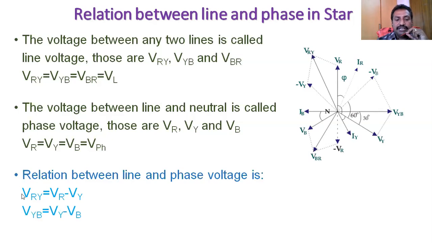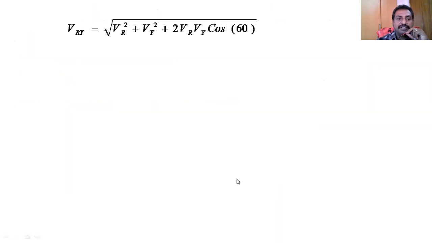Then we need VYB, VY minus VB. So this is VY, and VB is taken as a minus, and the vectorial sum of these two is indicated as VYB. Similarly, VBR is VB minus VR. So VR is taken as a minus, and the vectorial sum of VB and VR is VBR. So this is about the line voltage.